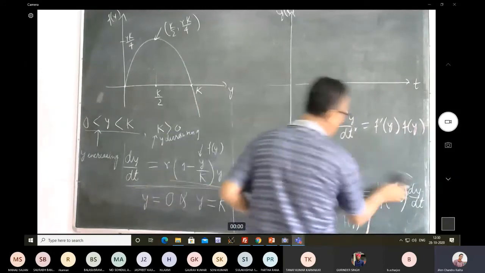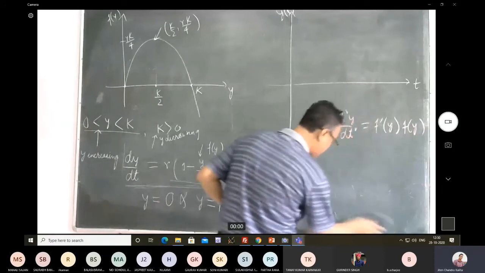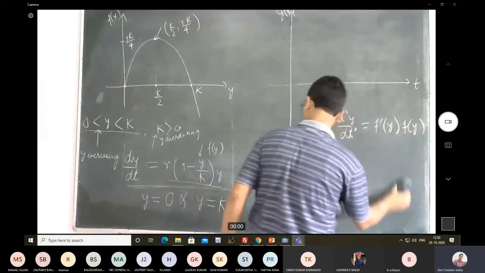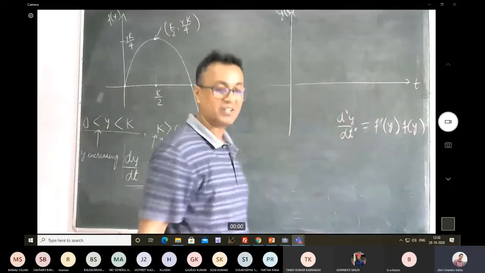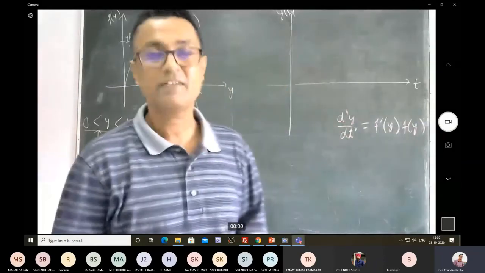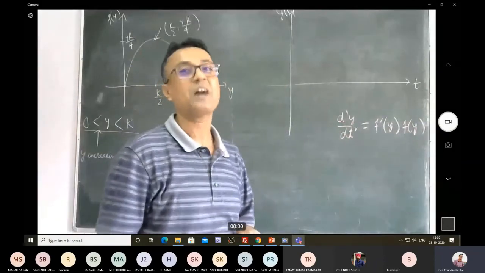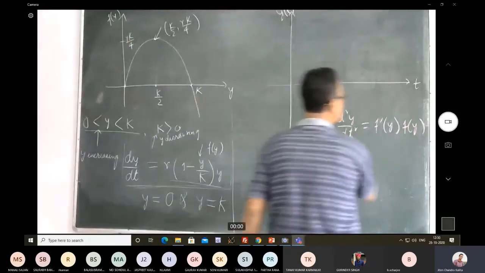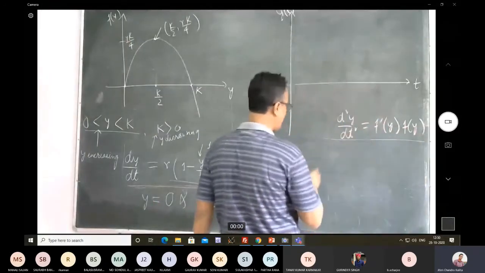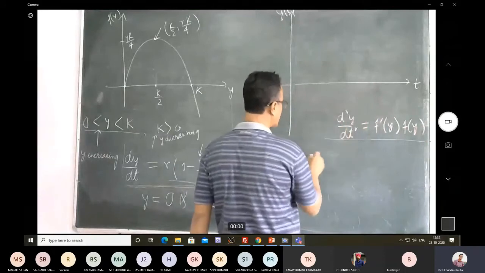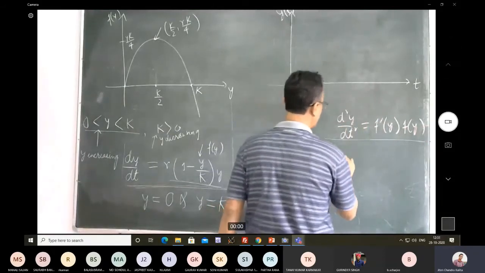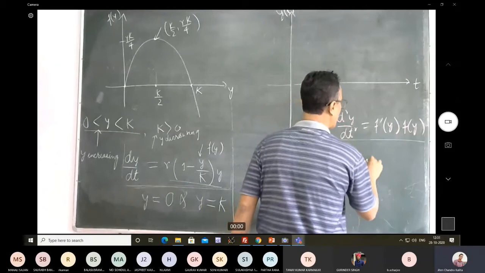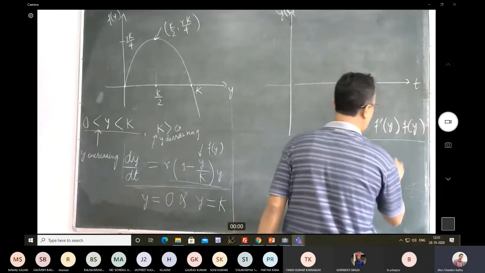Now, I hope you will appreciate why I have been telling you to go through the chapter on how derivatives affect the shape of a graph. Fine. So this information tells you that when this is greater than 0, the graph of y is going to be concave upwards.